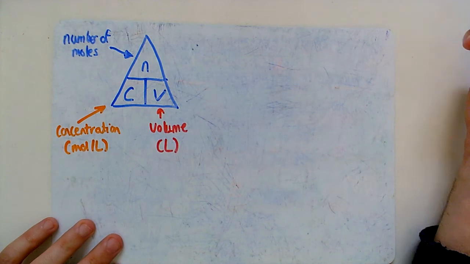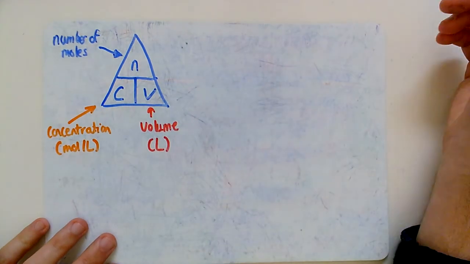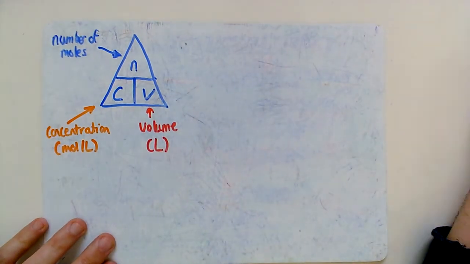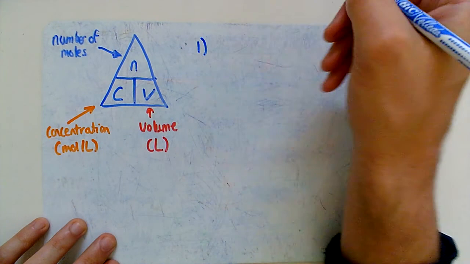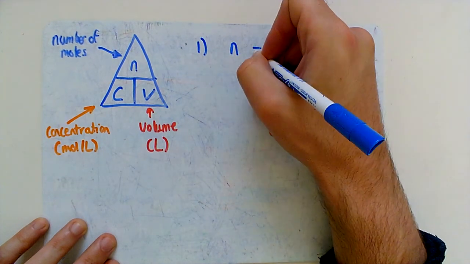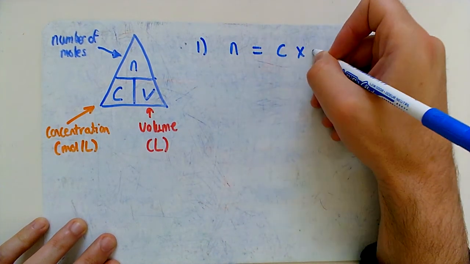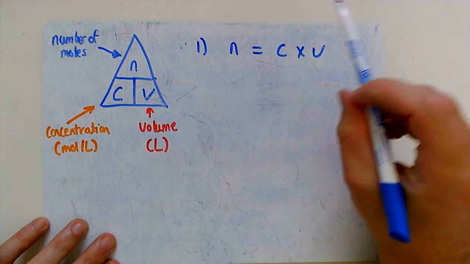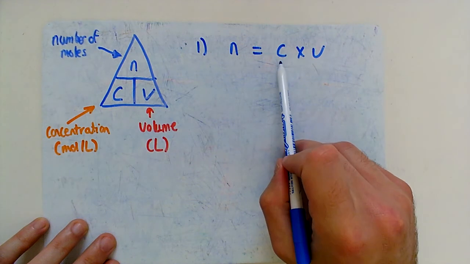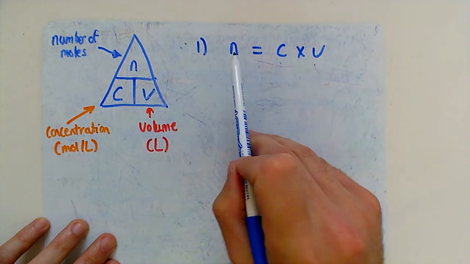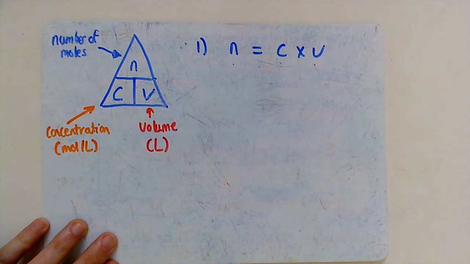Now there are three equations that we can use. So the first equation is N equals C times V. So if you have a solution of a given concentration and you have a volume, you can work out the number of moles.